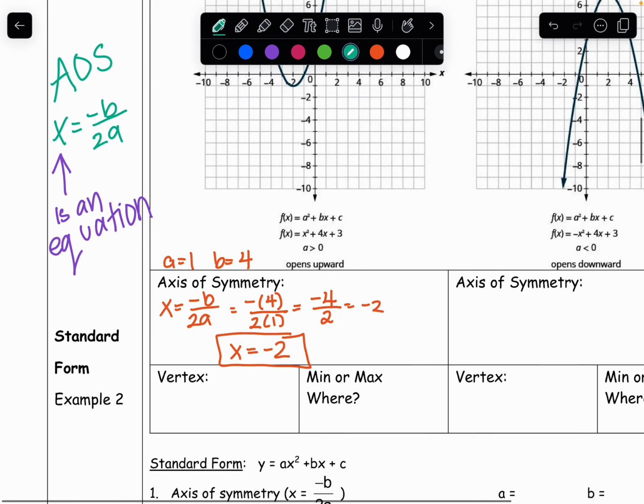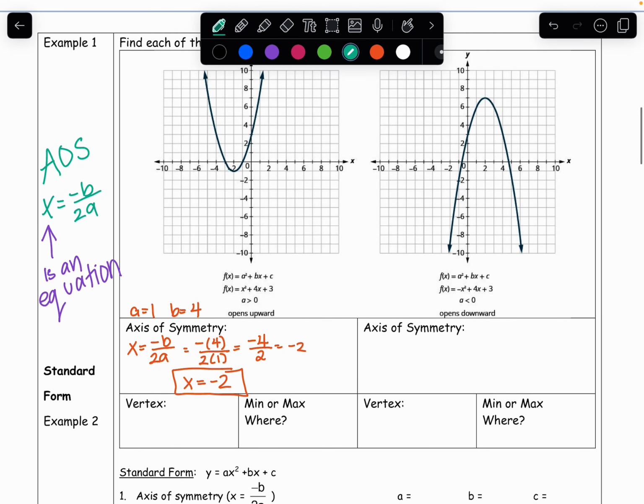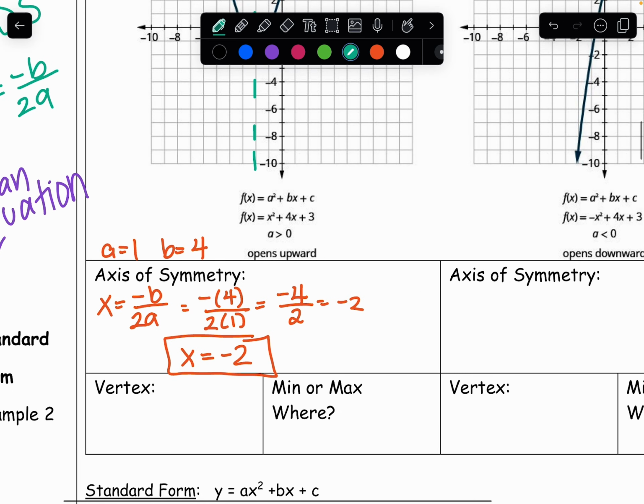Now, to find our vertex, we can actually identify it here. So here's that axis of symmetry we just found. Look at that, x equals negative 2. And our vertex lies on that line. So in this case, our vertex is negative 2, negative 1.